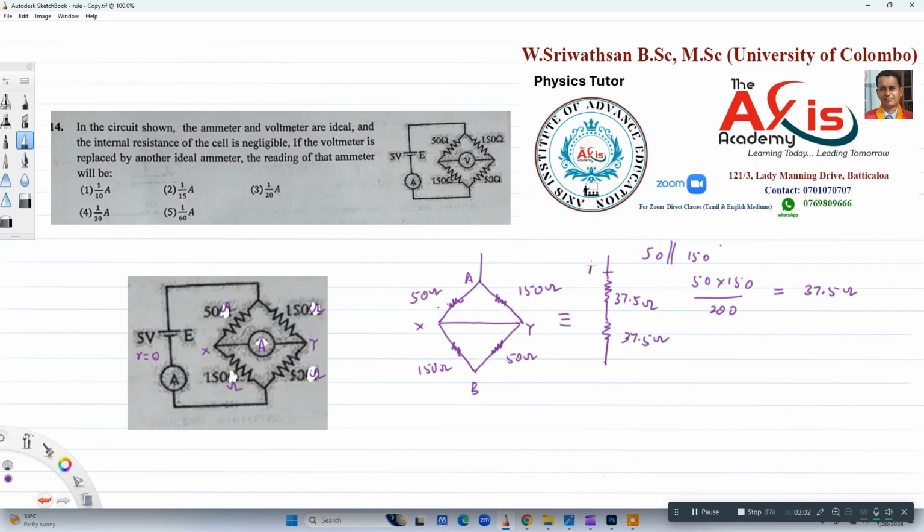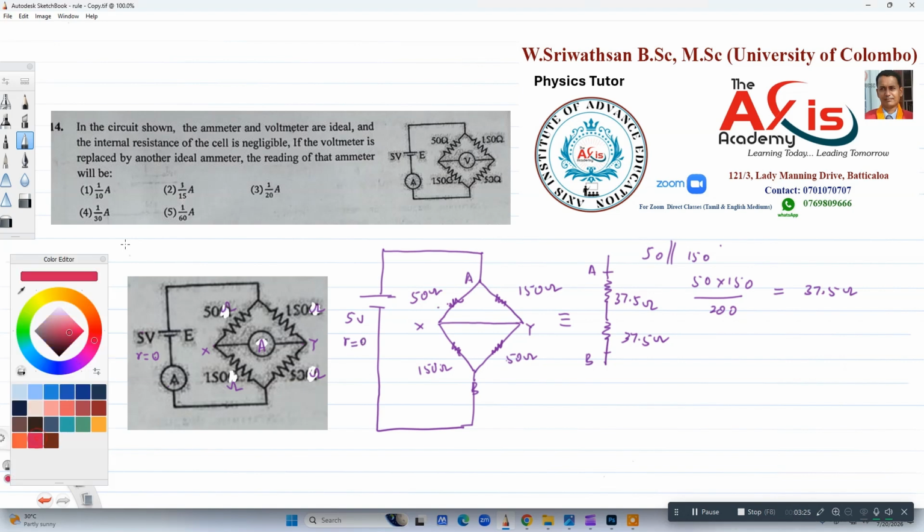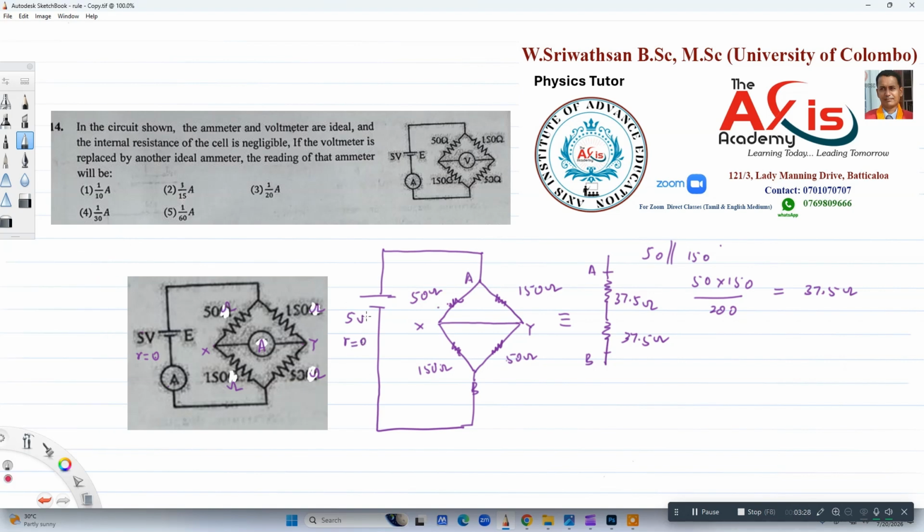This is the terminal A, this is terminal B. Now, if we mark the current provided by the battery, this is the battery, 5 volt battery, and internal resistance is 0. We can easily identify the current.